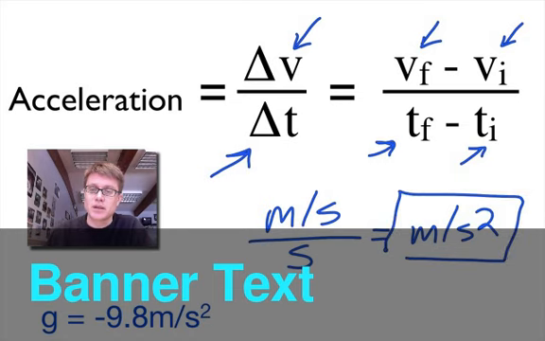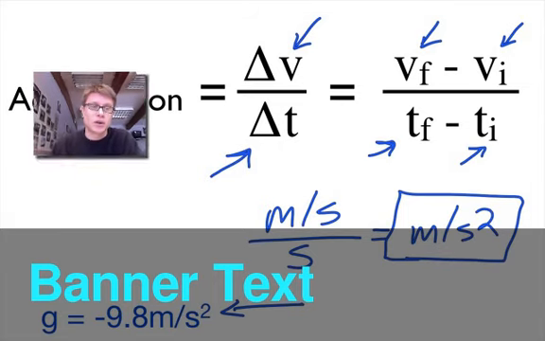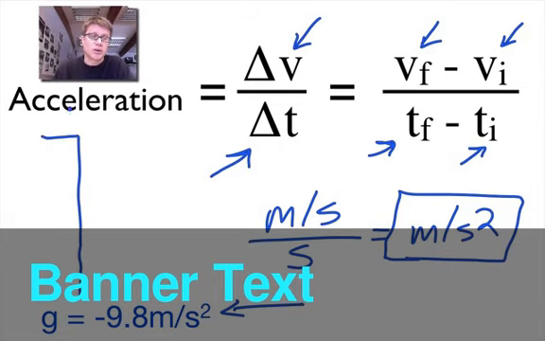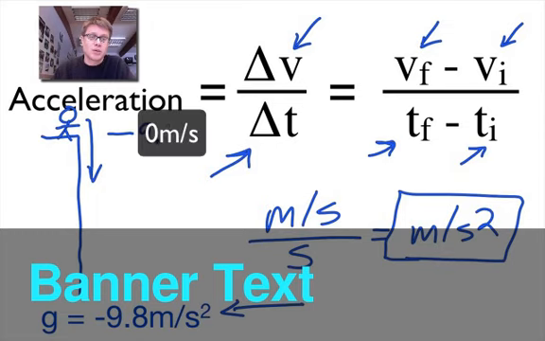Now what's one acceleration that you should learn? This is the acceleration due to gravity. So the acceleration due to gravity is negative 9.8 meters per second squared. What does that mean? If we take a person like this standing at the top of a cliff, and they fall off. At the top, they're going to be going 0 meters per second.